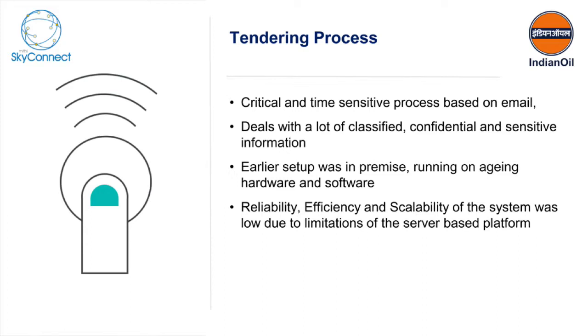Earlier, for this process, we used an in-premise mail server which was running on aging hardware and software, resulting in higher cost for maintenance, upgrade, etc. The reliability and efficiency of the system was very low due to the old technology that was being used.